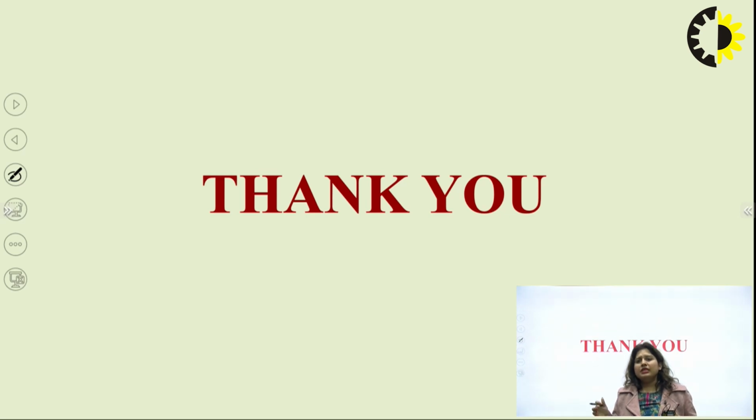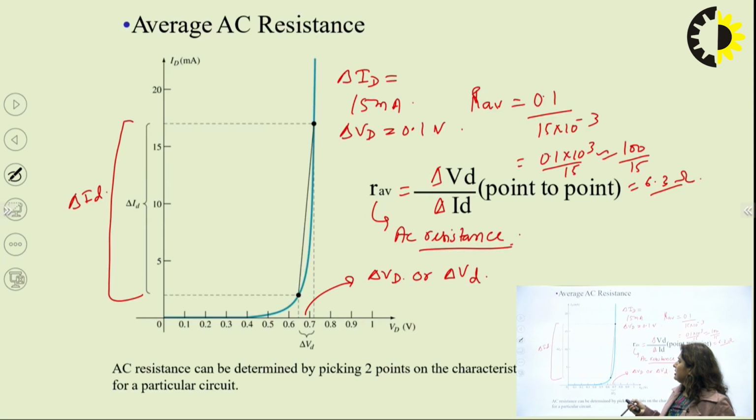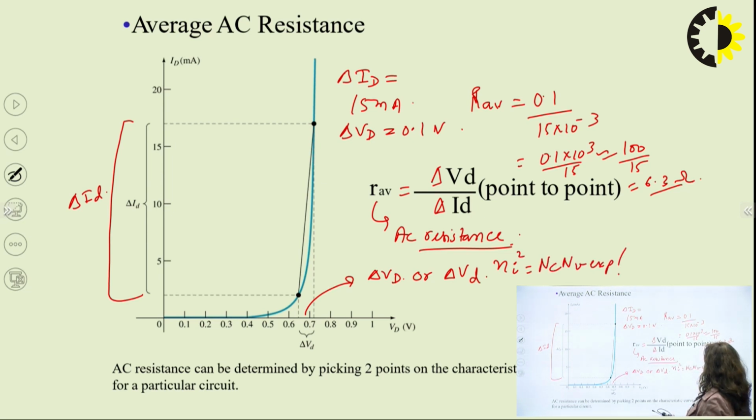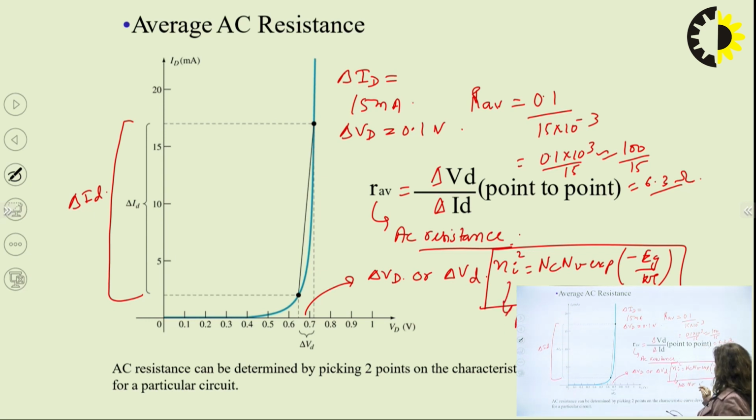With the help of some equations, like the intrinsic equation we already discussed earlier, Ni, which we can calculate with the help of square root of NC NV exponential minus Eg upon kT. But there are some parameters by which we can fix the value of Nc and Nv, because Nc and Nv are directly proportional to temperature to the power 3/2.